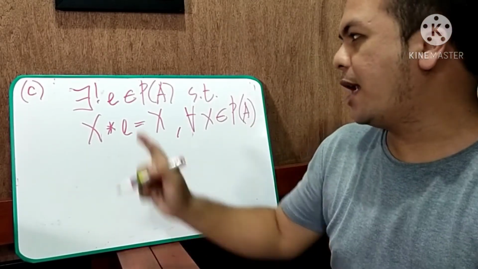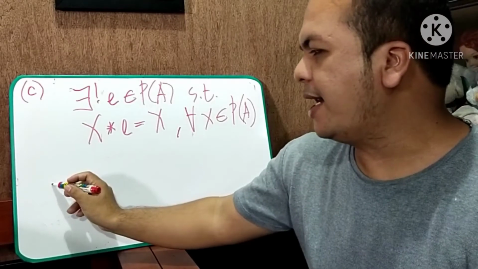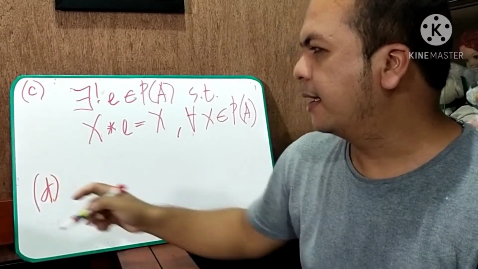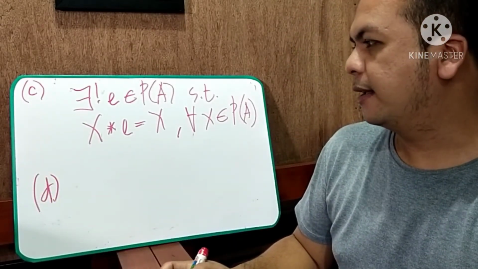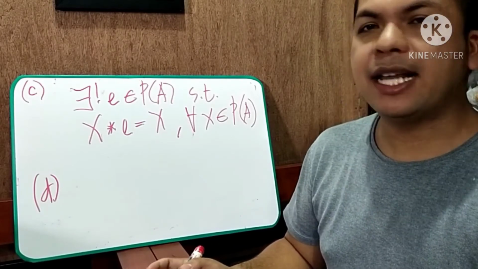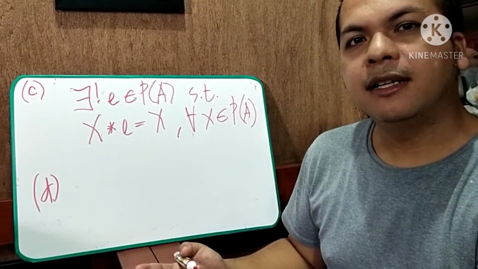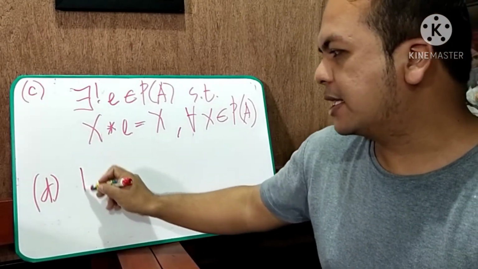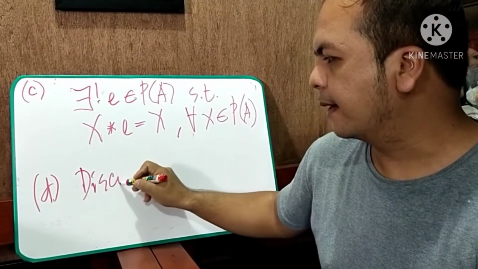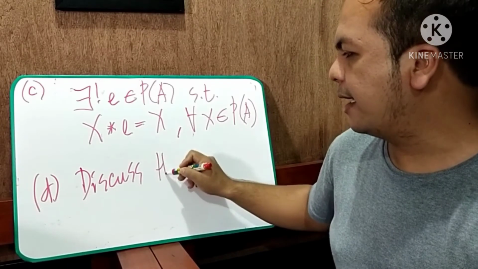So there is no identity, therefore there is also no inverse. The last activity is to discuss the inverses.